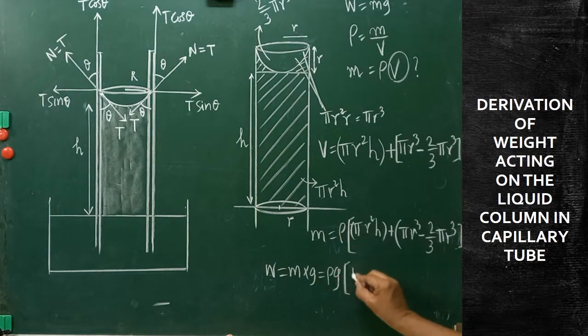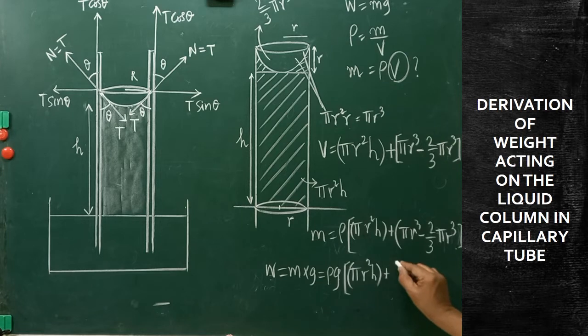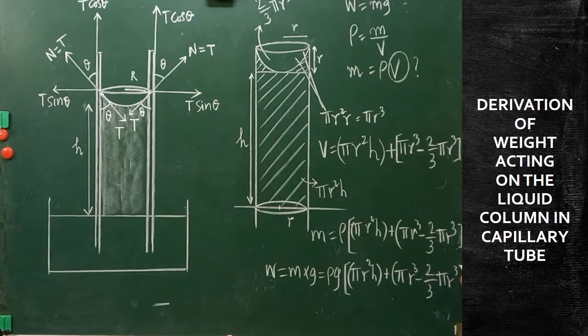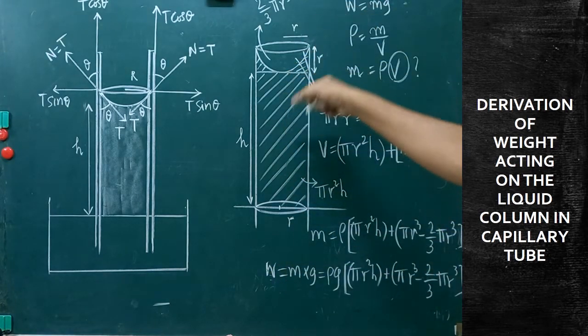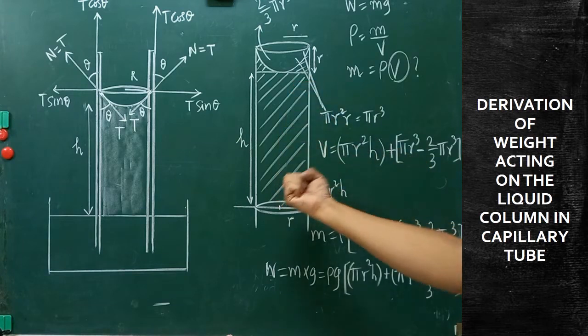The rest of the portion can be written. Later I will explain how to simplify the expression. Plus pi R cube minus 2 pi by 3 pi R cube. So I have calculated the downward weight, the downward gravitational force which is acting on the column.